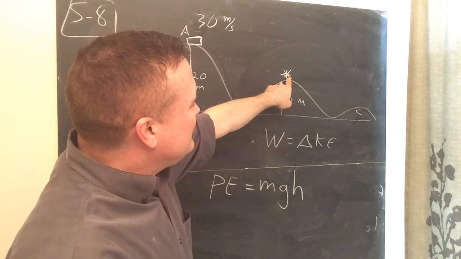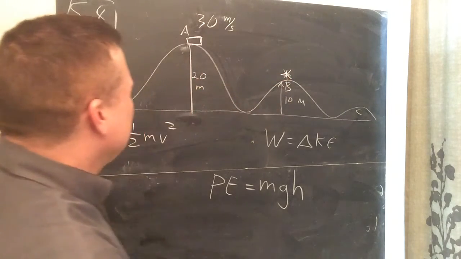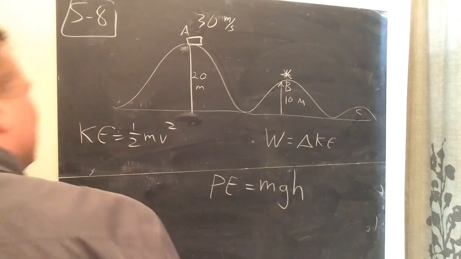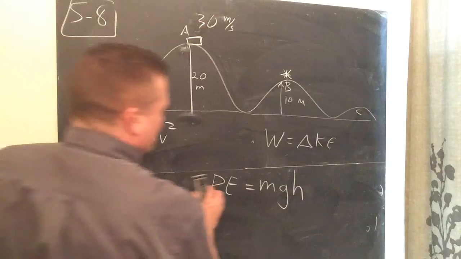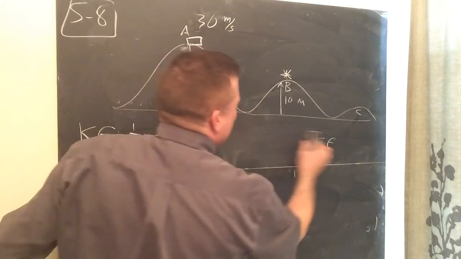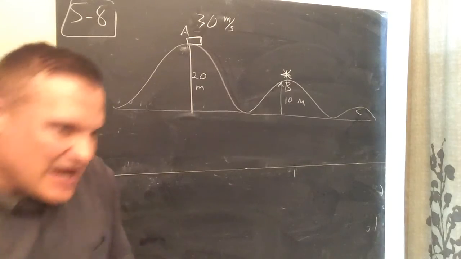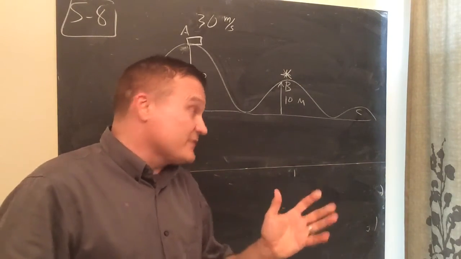Now, when it goes down, it's going to keep going back up. What will its speed, velocity, be when it gets to the top of B at 10 meters? This might also be an easy one to figure out from looking at it, but let me just show you. Here's how the problem works. The law of conservation of energy says energy cannot be created or destroyed, but it can change from one form to another.